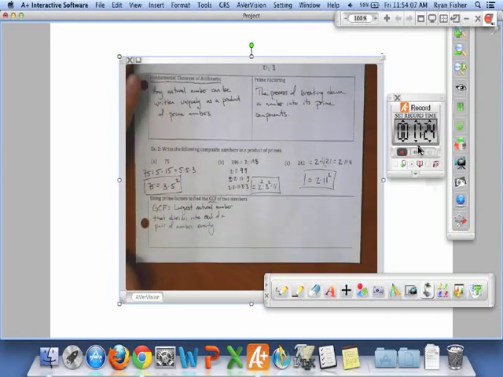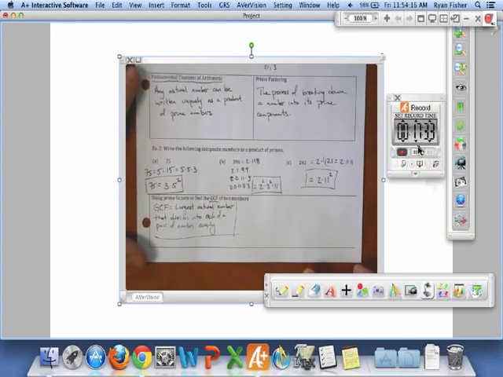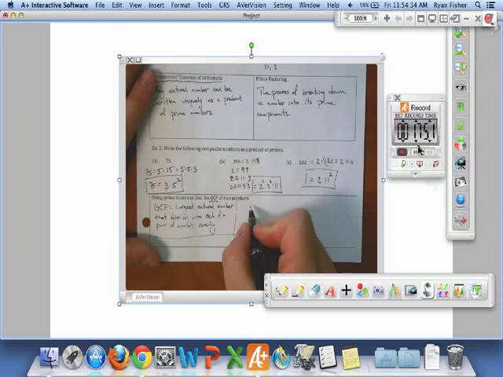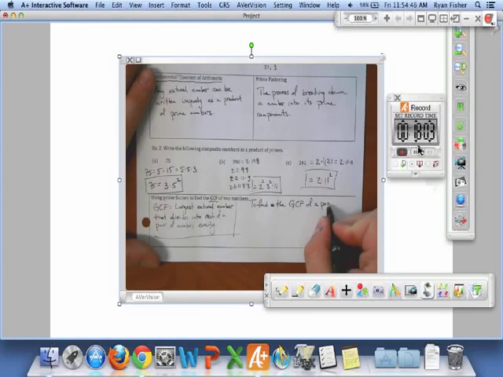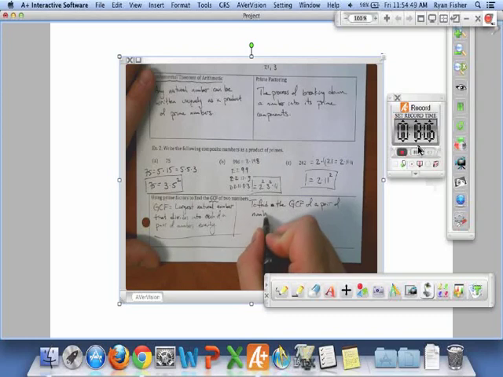Using prime factors, there's a really easy process if you already have both numbers prime factored. So to find a GCF of a pair of numbers, write all of the shared prime factors, then multiply.